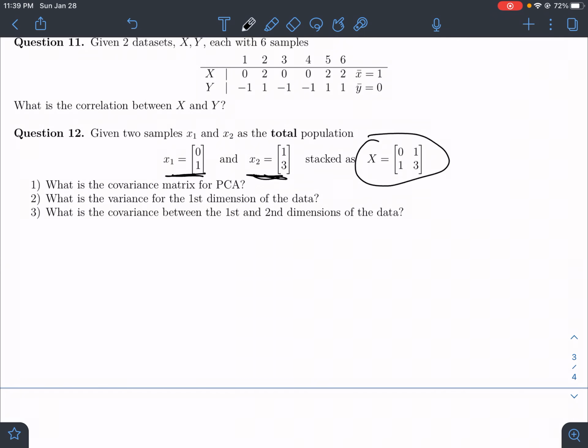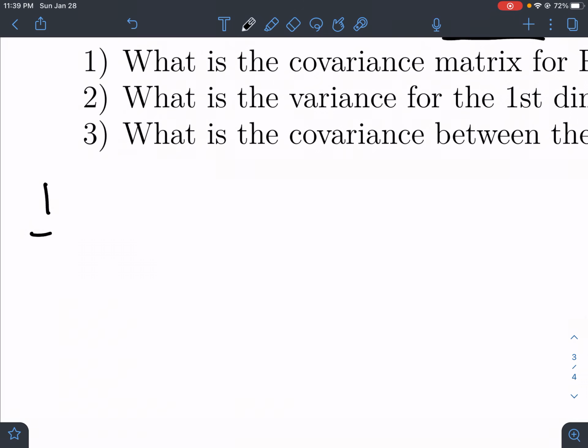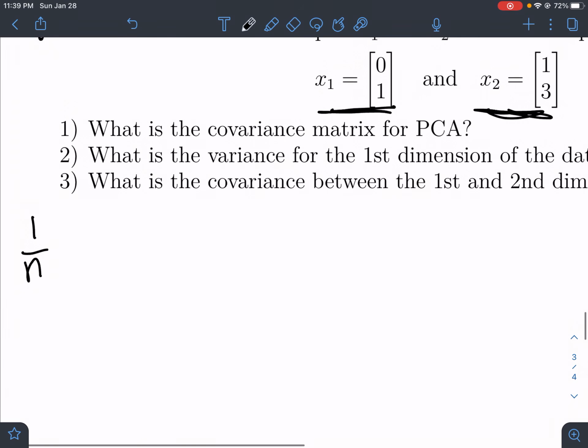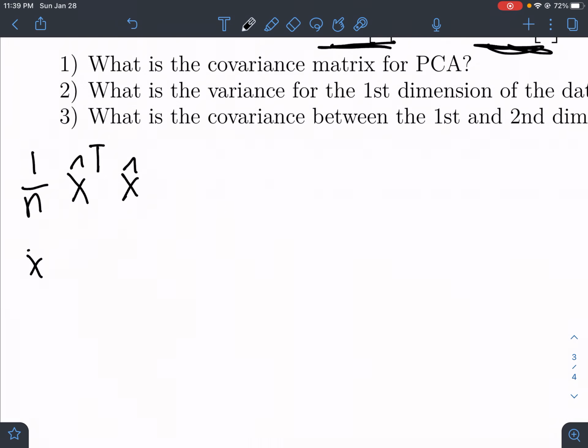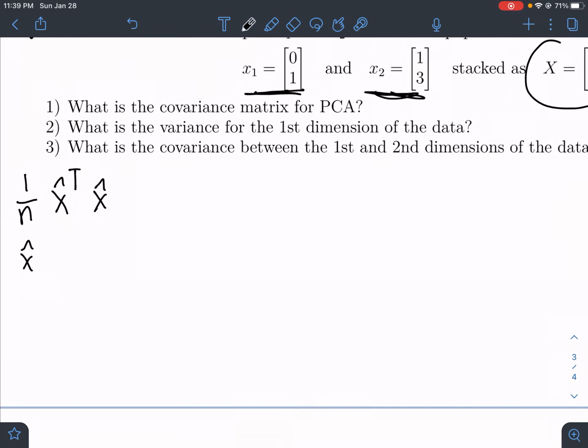Now for PCA, when we're calculating the covariance matrix, we can calculate it one entry at a time, but we really don't recommend doing that. So we're going to use a formula, 1 over n, where n is the number of data points, times x hat transpose x hat. Remember, x hat is just the mean subtracted matrix of our data.